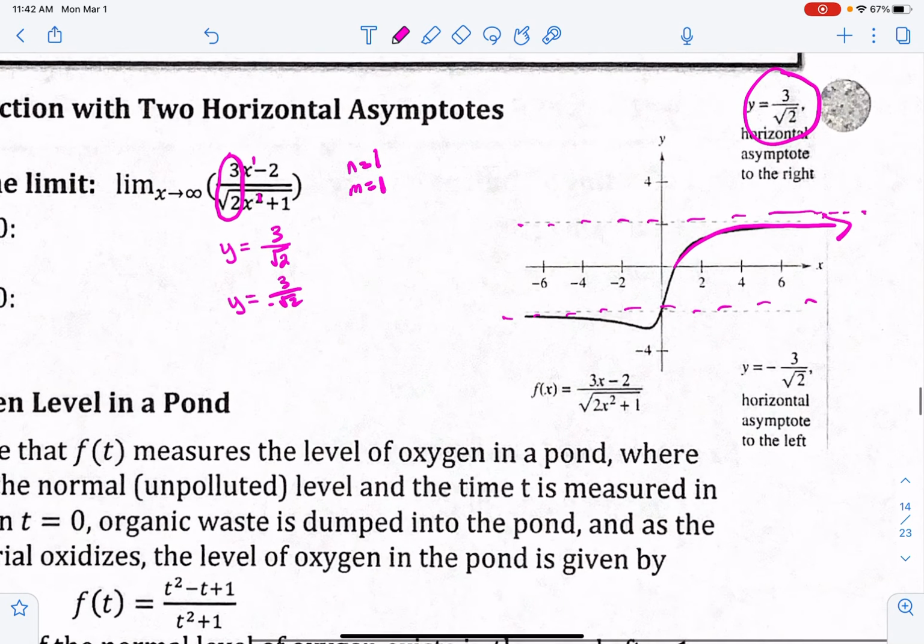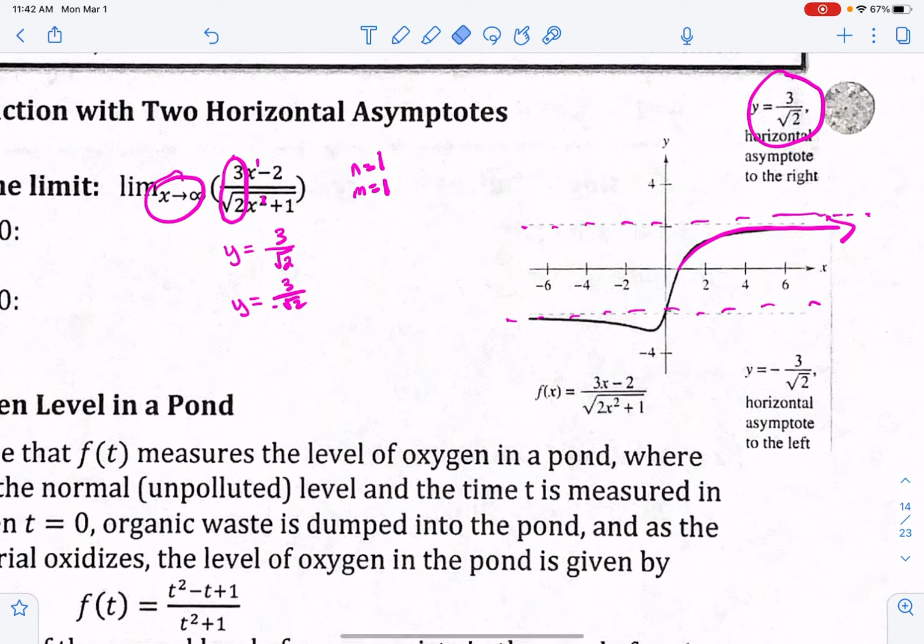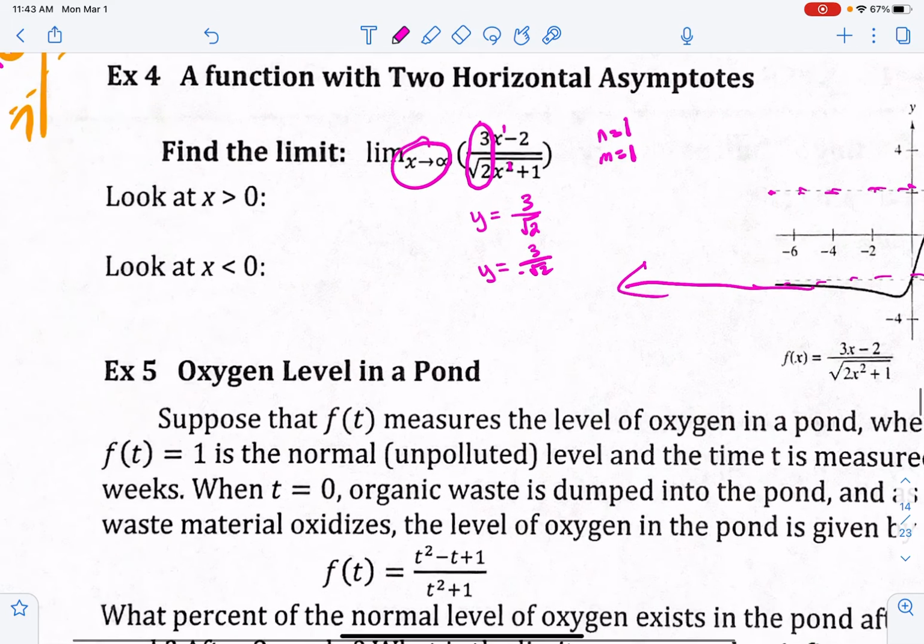Now, on this one, you kind of have to consider the graph, because we're saying as x goes toward infinity, which is going to the right side, and in that case, even though there are 2 horizontal asymptotes, we would only be looking at this top one, because it would be x going to the left that we would look at this bottom one, okay?